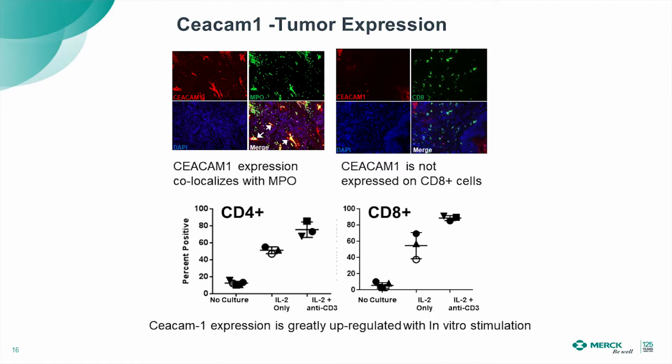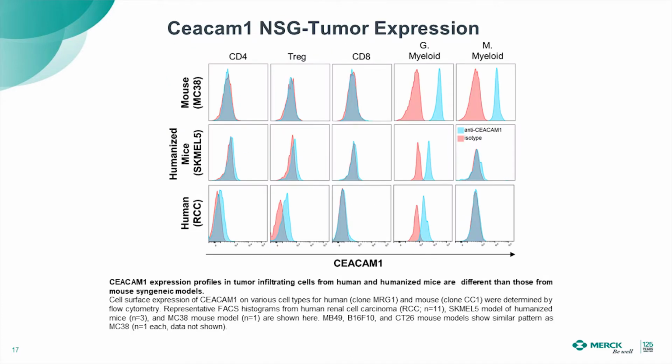It would be very highly expressed on T cells. However, inside human tumors and many different tumors, we see the co-expression on granulocytic cells, and we don't really see the expression on T cells inside tumors. So when we compared the expression patterns between mouse, like an MC38 model, and mice in a melanoma model versus a human RCC, we could also see that we didn't see much expression.